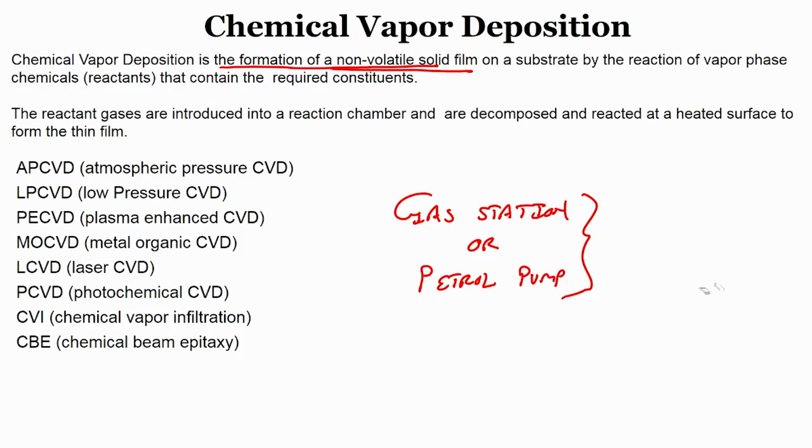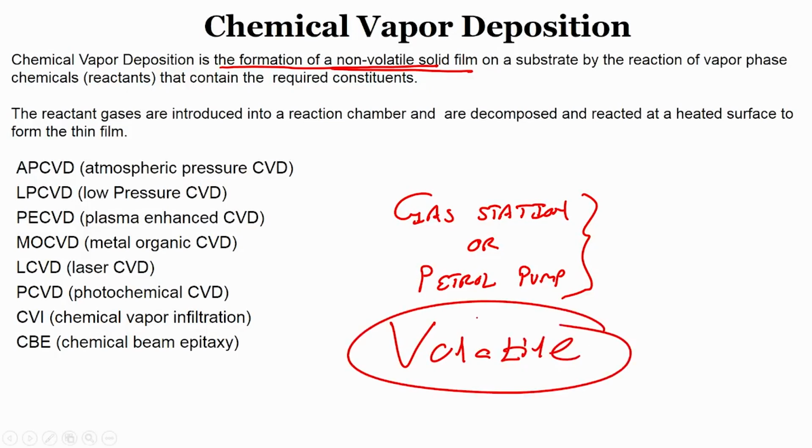Because when you drop a drop of petrol on a surface, what will happen? It will start evaporating, alright. That means that petrol is volatile, that is why we can smell it. It starts evaporating immediately at room temperature, at a normal temperature.